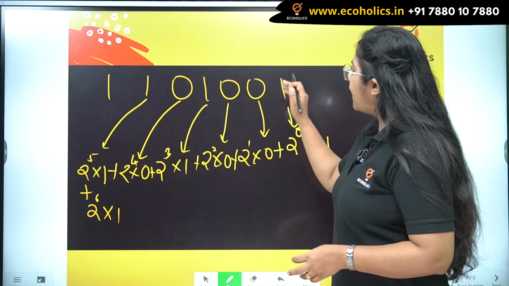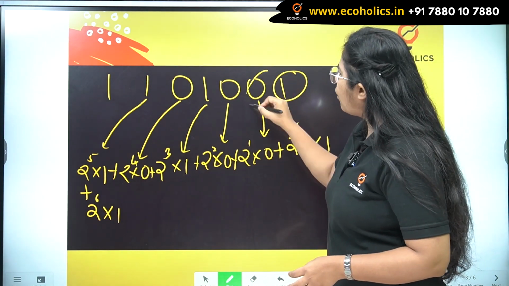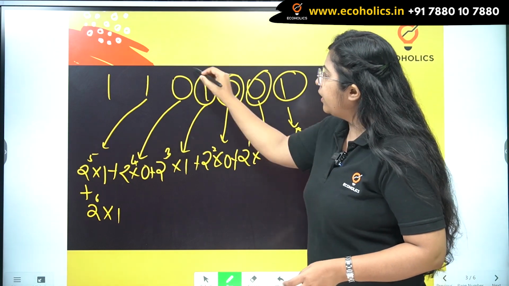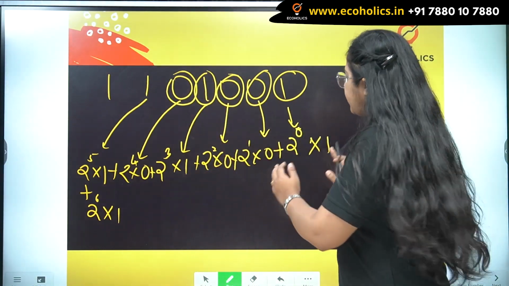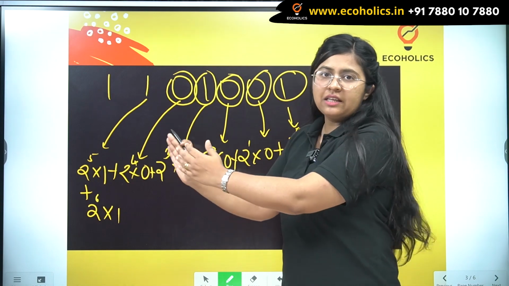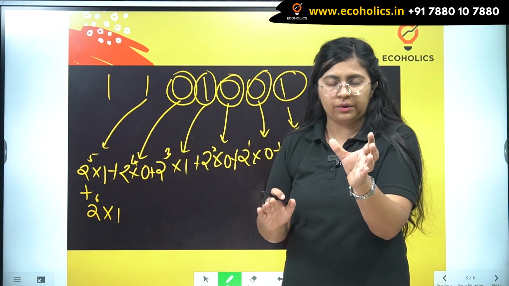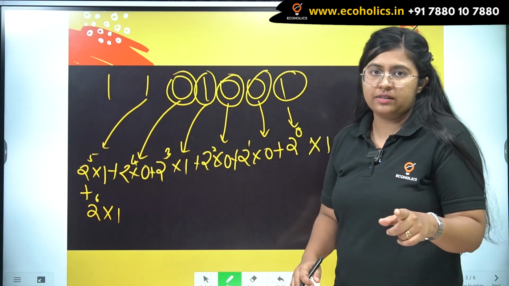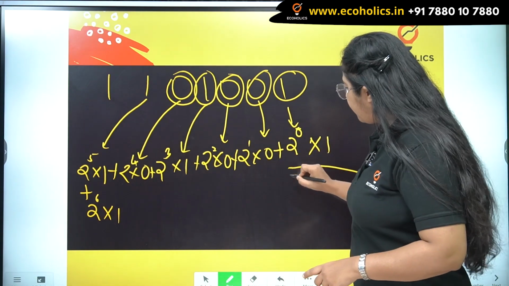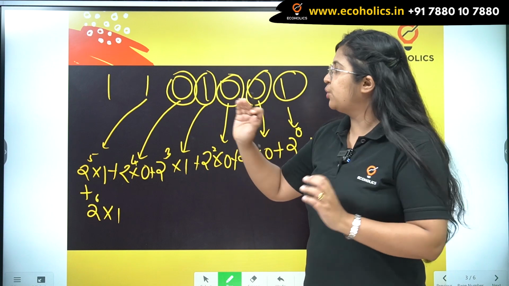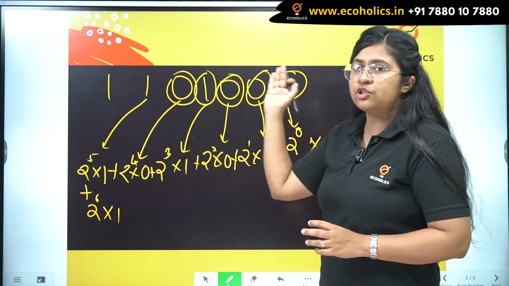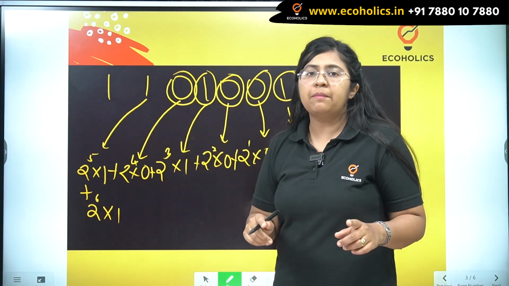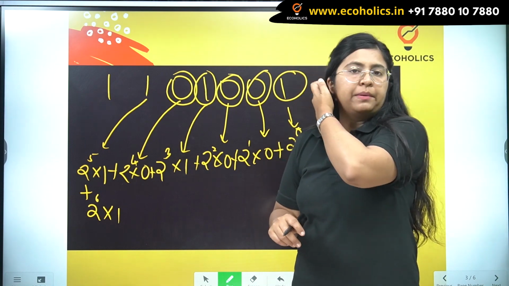What's happening is we are multiplying each of these digits with 2 and keeping on adding these totals. This is your first step. We always start from right to left, from the rightmost digit to the leftmost digit. This is the first step of the application.